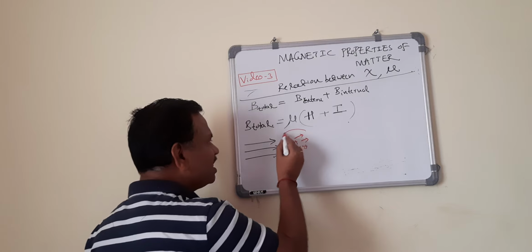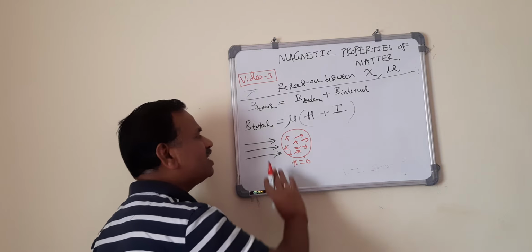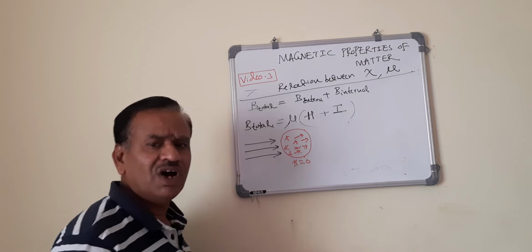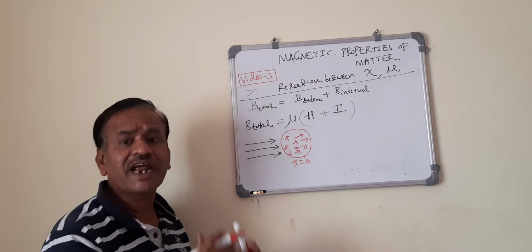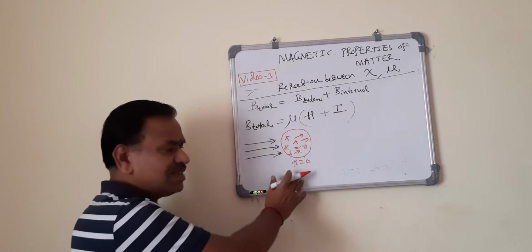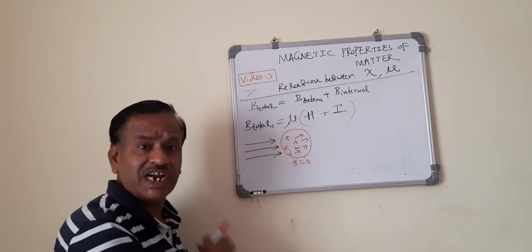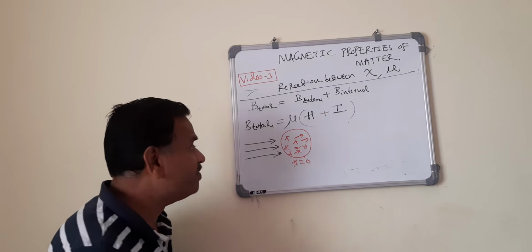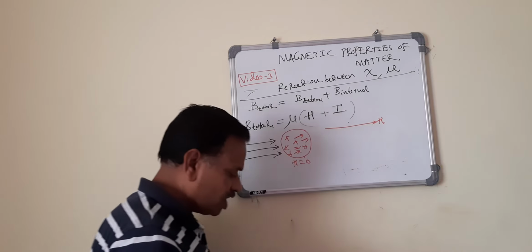When this material is in the absence of an external magnetic field, all magnetic dipoles are arranged in a random fashion. When such a material is subjected to an external magnetic field or magnetizing field H, what happens?